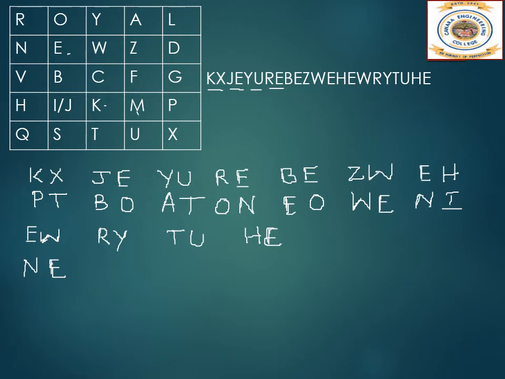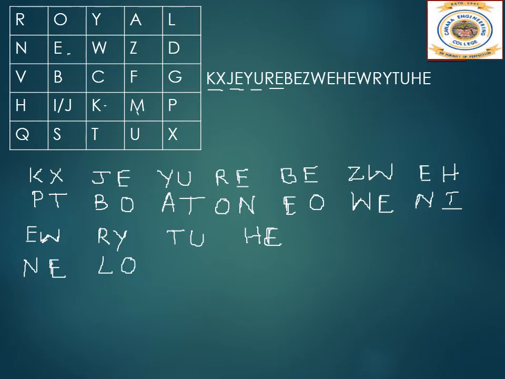Now it's a left circular shift, so we have to come backwards here. For encryption we do left circular shift; now it is the same row in a circular fashion. So for R I have to replace with L, and for Y I have to replace with O.